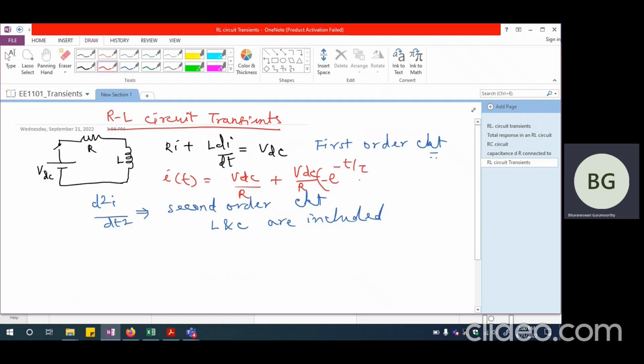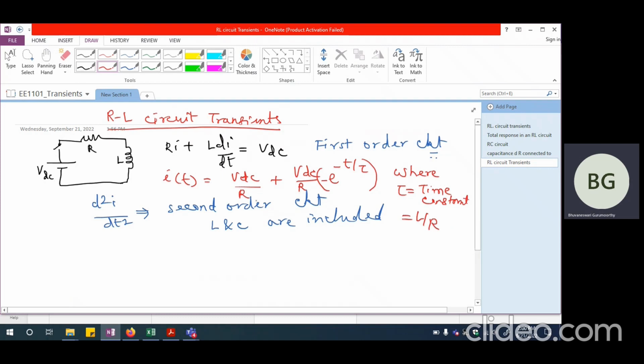Where we called tau the time constant. So the time constant is given by the expression L by R.